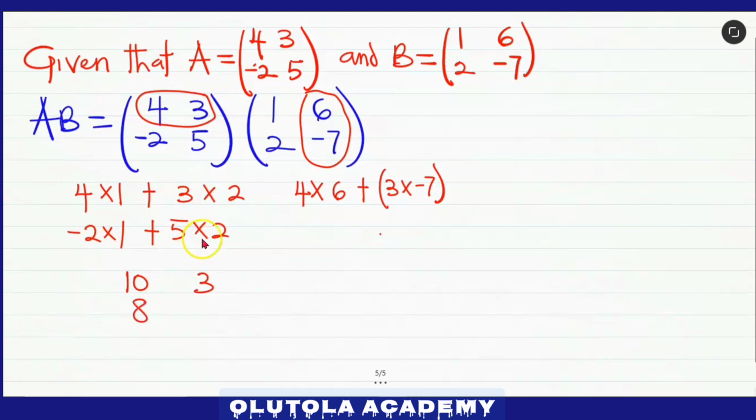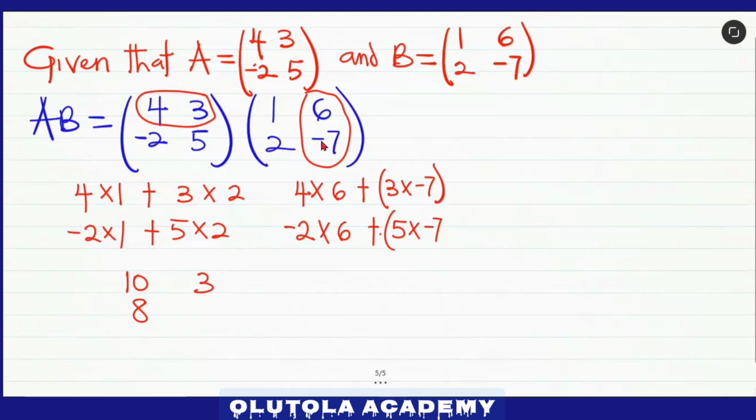And we go for the last one now. That will be this second row multiplied by this second column. So that will be -2 times 6 plus 5 times -7.